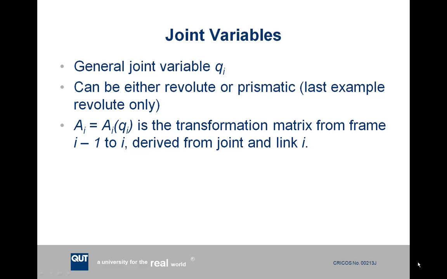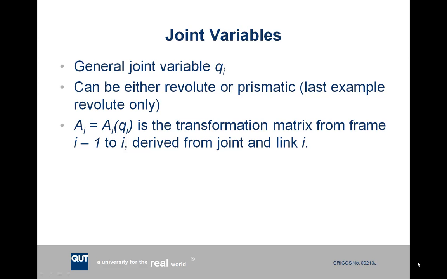So each joint, as you saw in the previous diagram, has a joint variable, and we use Q subscript i to denote the variable for joint number i. Joints can either be revolute or prismatic. In that last diagram I showed you, all the joints were revolute, but they can also be prismatic.